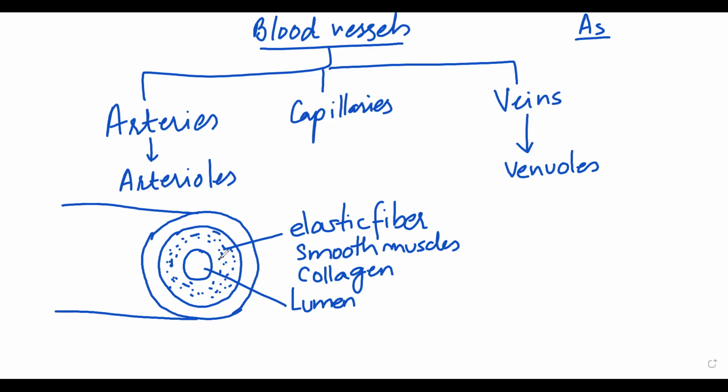Why should elastic fibers be present in this wall? Because these elastic fibers make it more elastic so that it can expand and recoil back. If it did not have any elasticity, the pressure is so high that it would burst. So that's why arteries have these elastic fibers, so that they can resist the pressure coming from the heart.